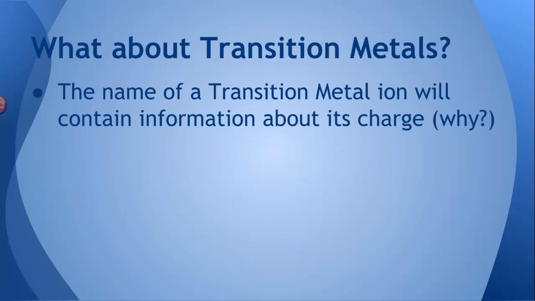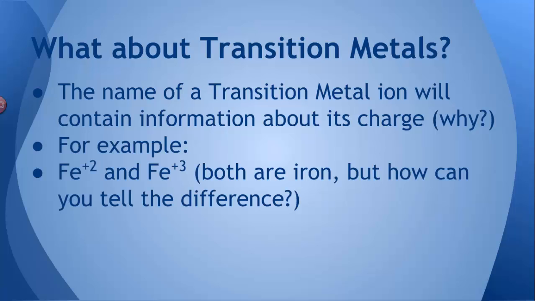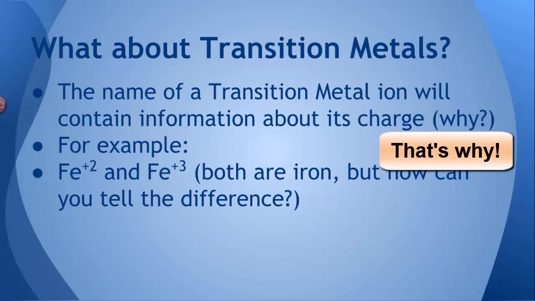A couple of things about the transition metal ions. If we have a transition metal that has more than one positive charge, for example, iron, which can be +2 and +3, we can't call them both iron, because then I won't know which one I'm talking about. Remember, metal ions don't change their names, so just calling them iron isn't good enough.